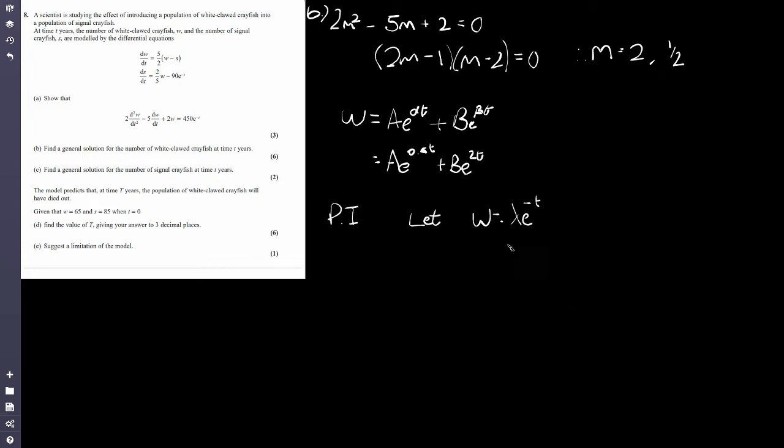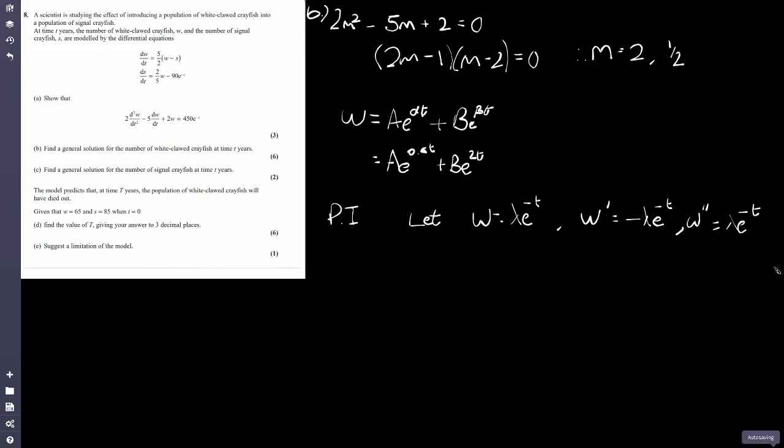Now I'm going to differentiate this 2 times, so we've got our second derivative and our first derivative. w prime will be minus lambda e to the minus t, nice easy differentiation. And then finally, the second derivative, w prime prime, will be just lambda e to the minus t, as the minuses cancel.